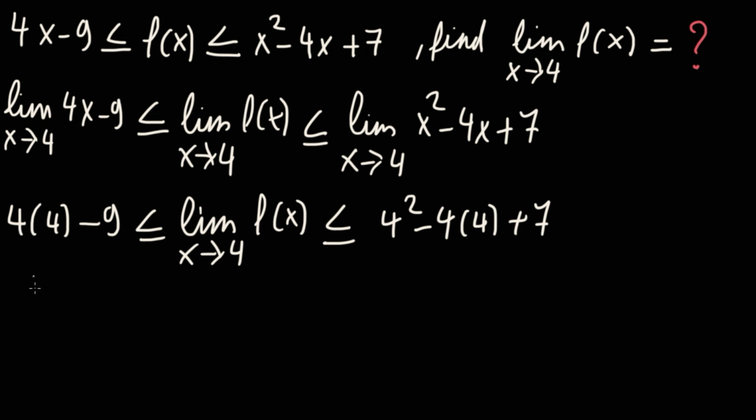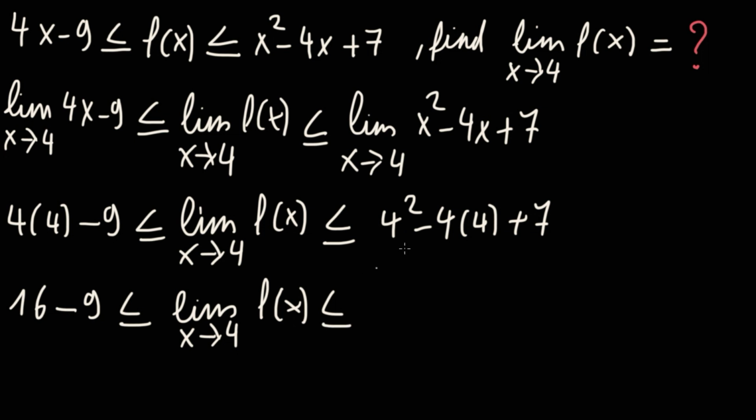So 4 times 4 is 16, so it will be 16 minus 9, then the limit. 4 squared is 16, 4 times 4 is 16, plus 7.